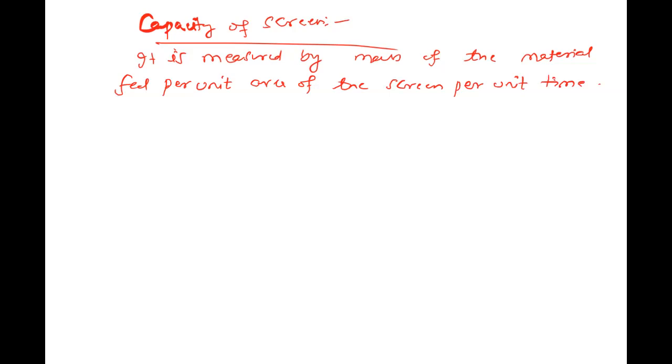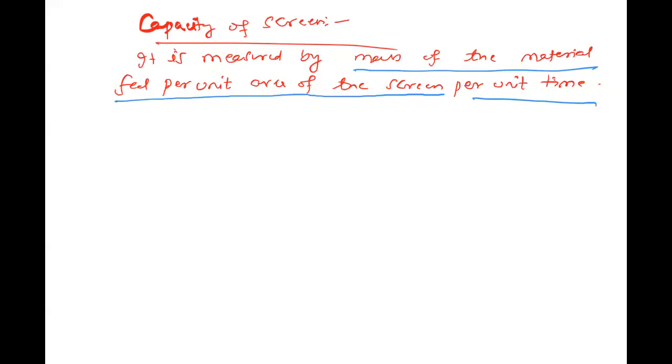So can anyone tell me what is the relationship between capacity and effectiveness? If you see the definition, capacity is measured by the mass of the material fed per unit area of the screen per unit time. So what is the relationship between capacity and effectiveness? Yes, very good, Kushal Narottam. Both are opposite to each other.